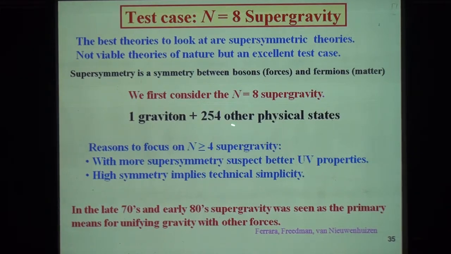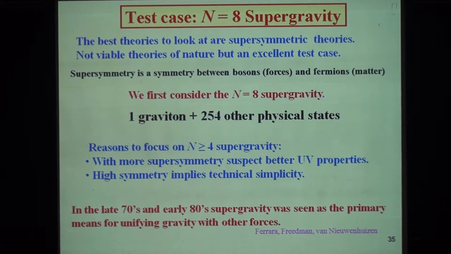And we're going to be looking at N greater than or equal to 4 supergravity theories. This is a count of how much supersymmetry. So N equals 4 has half the supersymmetry of N equals 8. The reason we like these high supersymmetry theories is that the more supersymmetry, the better the ultraviolet properties.